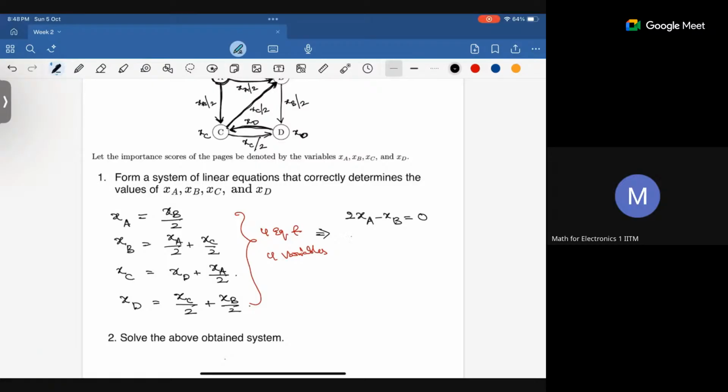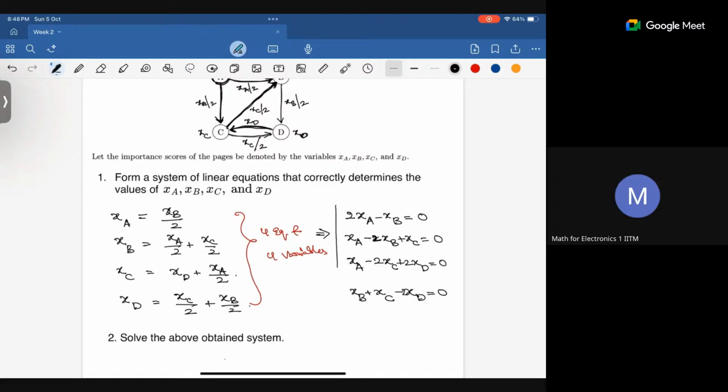And then xa minus 2 times xb plus xc is equal to 0. And then xa minus 2xc plus 2xd is equal to 0. And then xb plus xc minus 2xd is equal to 0.